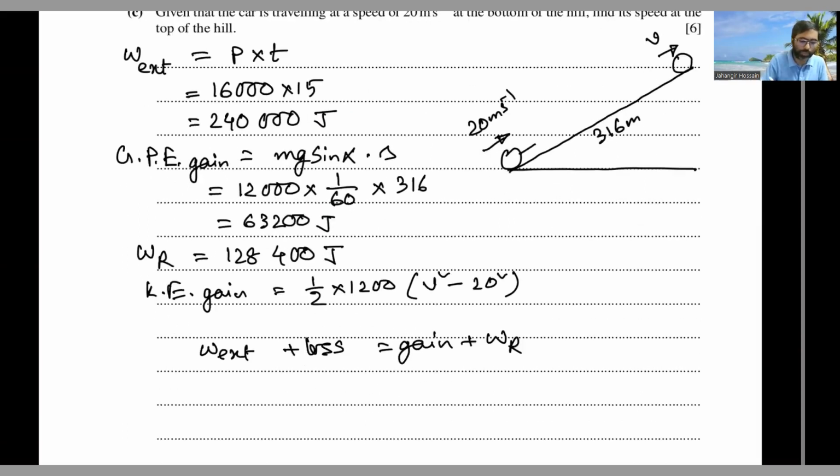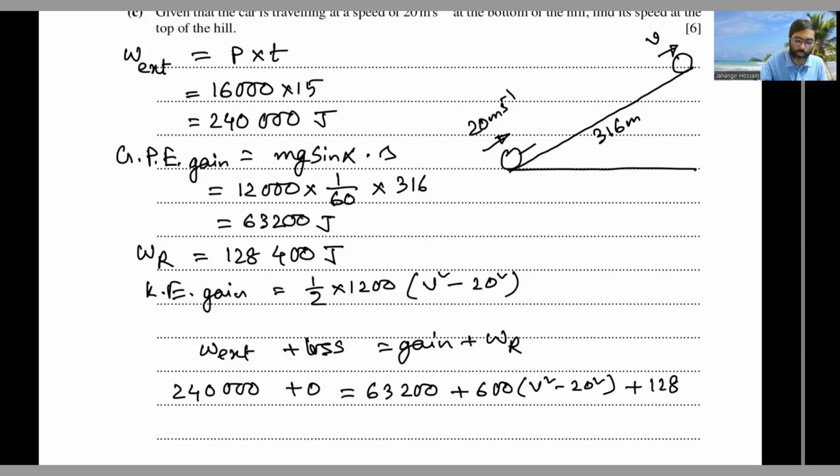Work by external force, that's the work done by the engine of the car, is 240,000, and there is no loss, so it's zero. There is a gain in GPE of 63,200, plus the KE gain of 600 into V squared minus U squared, plus work against resistance of 128,400. From this, calculate V, and we'll find that V is 21.9 meters per second.